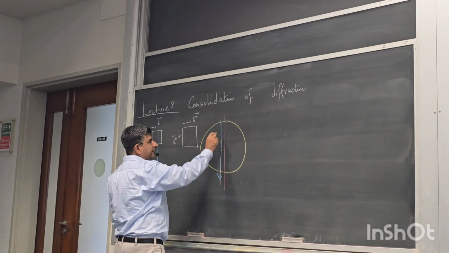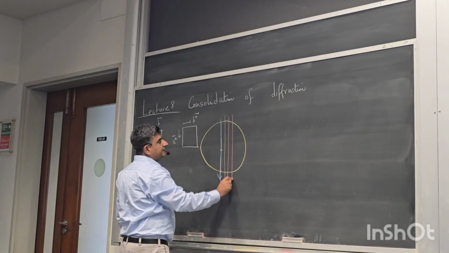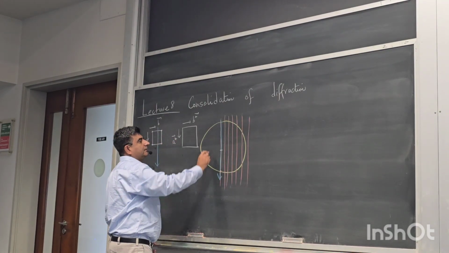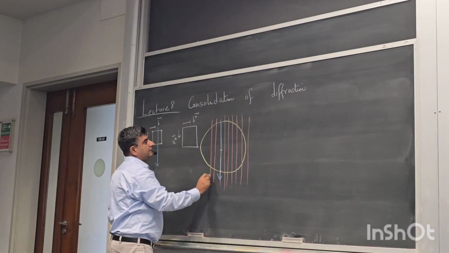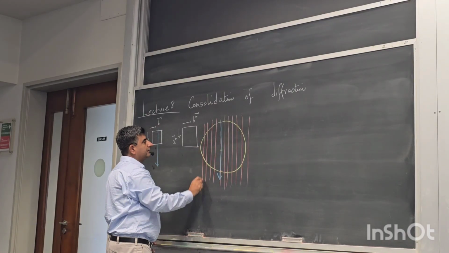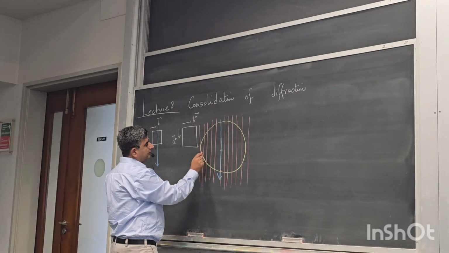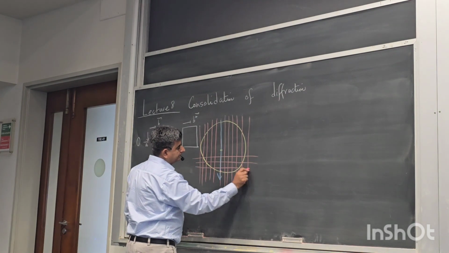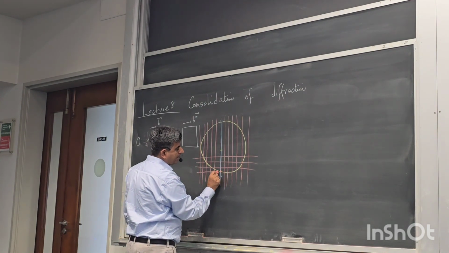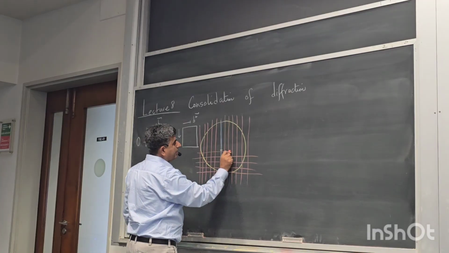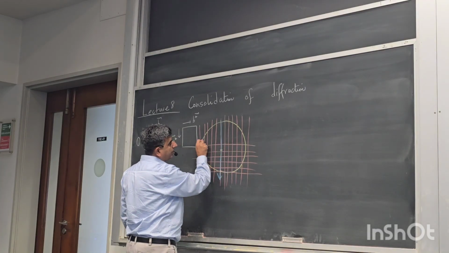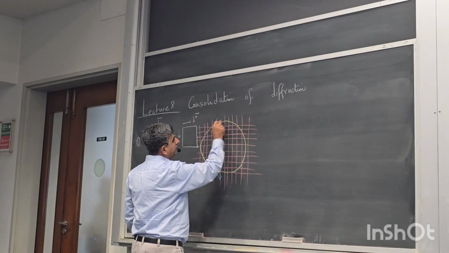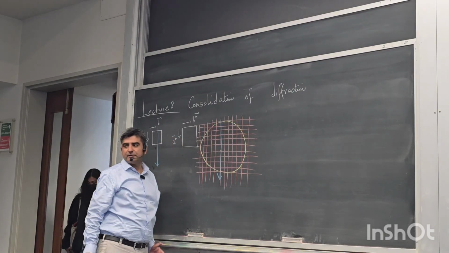So in our case this is very simple. The reciprocal lattice itself is a square grid, correct?